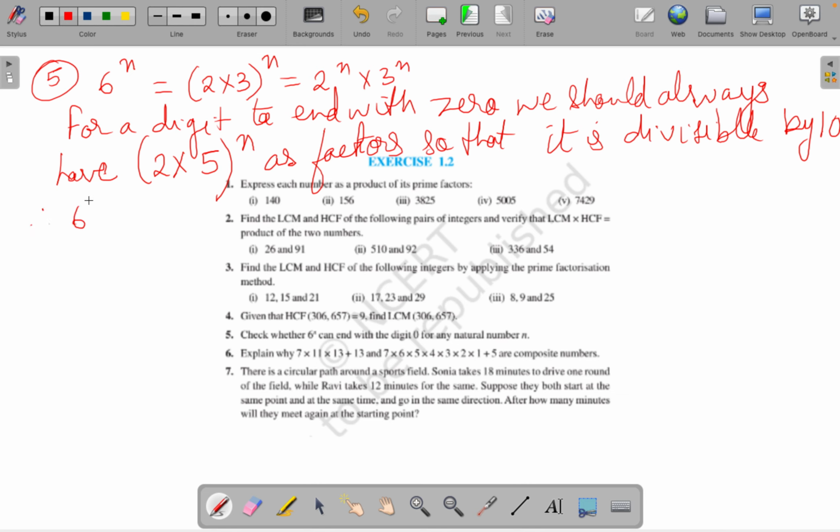therefore 6 to the power n does not have 5 as prime factor.